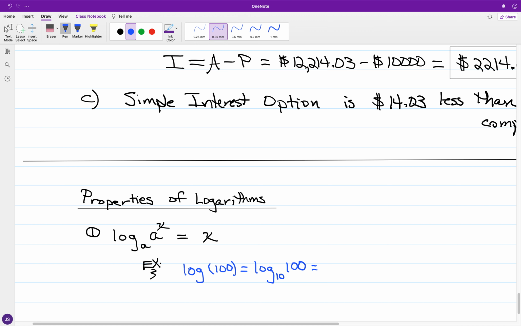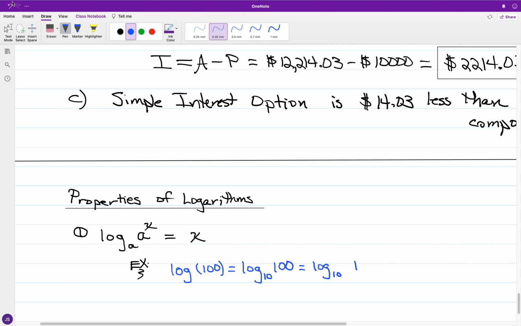Now 100 is a multiple of 10, and it is also an integer power of 10. So 100 in terms of base 10 is 10 raised to the second. Here a is 10, x is 2. So the base 10 logarithm of 100 reduces to 2.